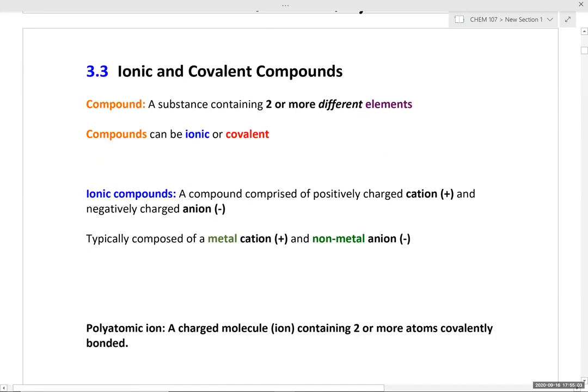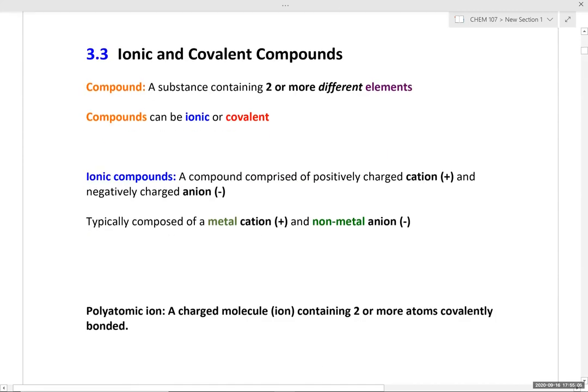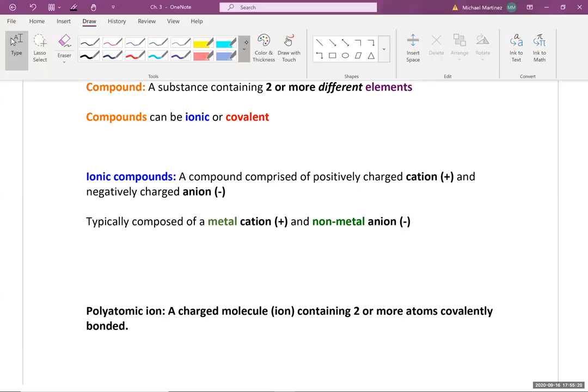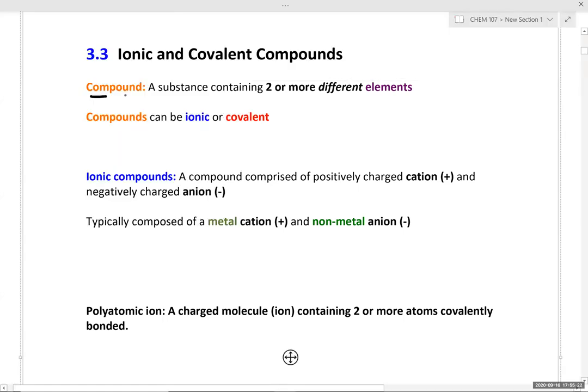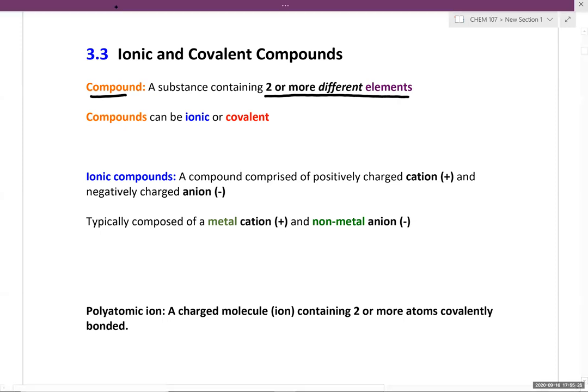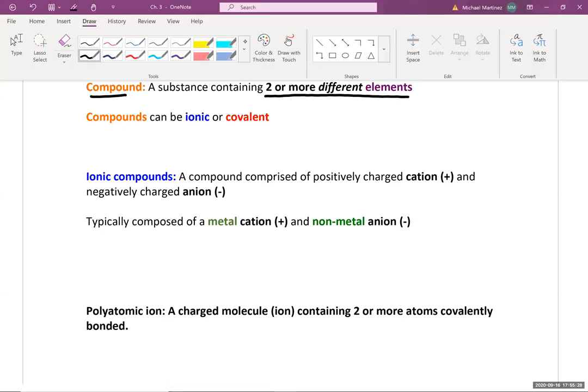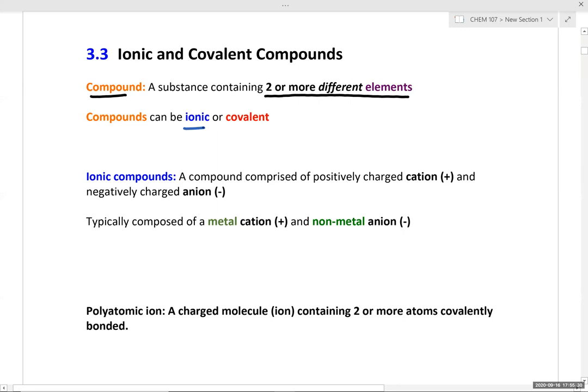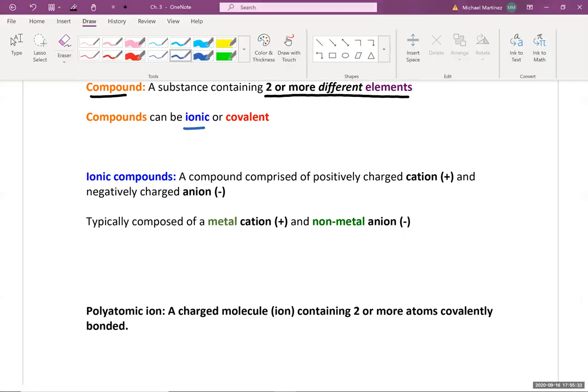Okay, so let's talk a little bit about ionic and covalent compounds. So a compound, just as a review, is a substance containing two or more different elements. Compounds can be either ionic or covalent.